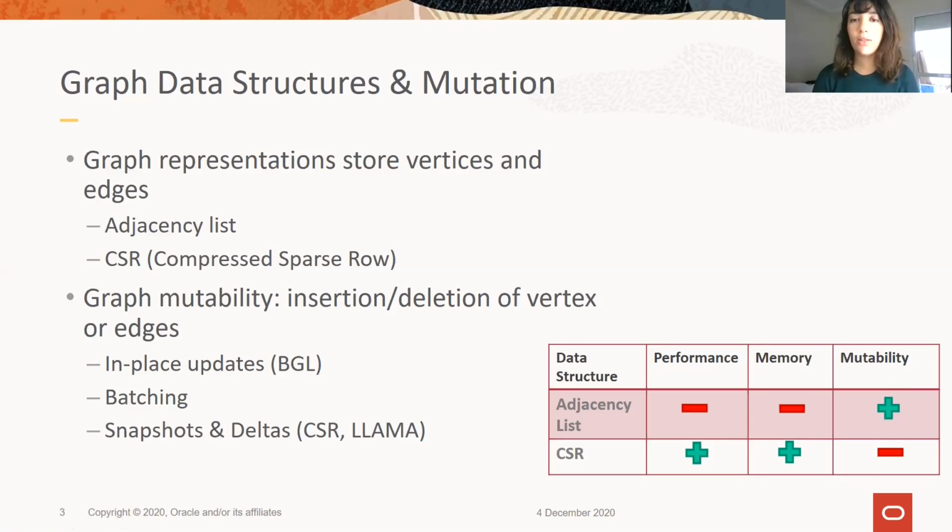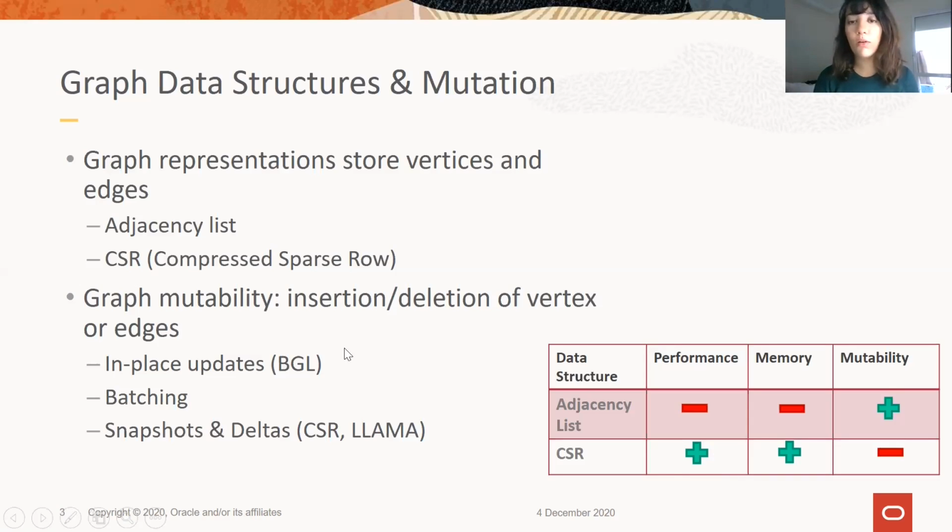CSR, on the other hand, is a compact way to store graphs. It's the fastest read-only data structure there is. It has really high analytic performance, since we only store indexed, compact arrays of vertices and edges. It has really low memory consumption.